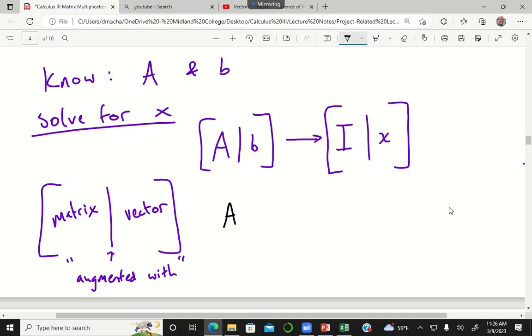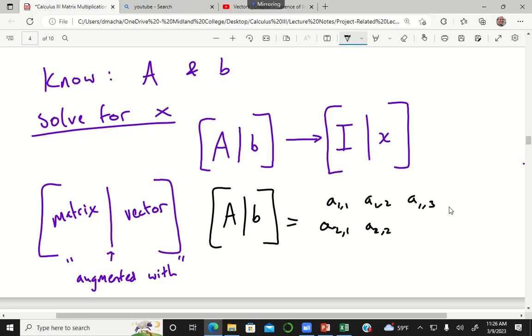So A augmented with B means I have some matrix A with all these entries, A31, A32, A33.